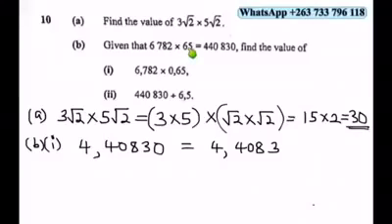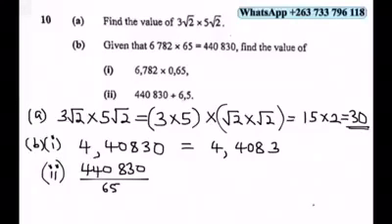6,782. Therefore if we reduce the numerator by 10 times, this means it will increase the value by 10 times. So here if we divide by 10, the final answer will increase 10 times.